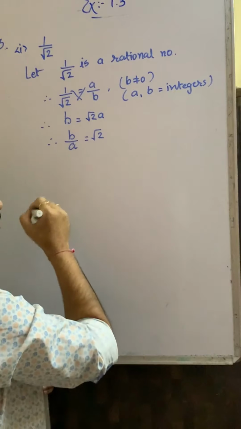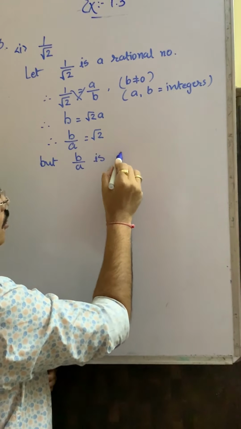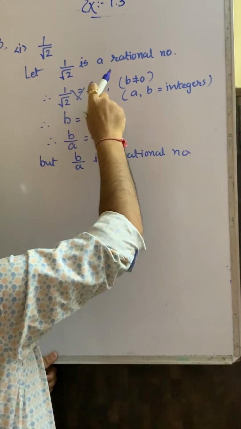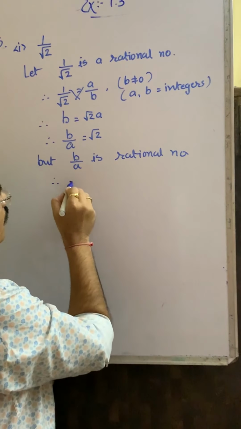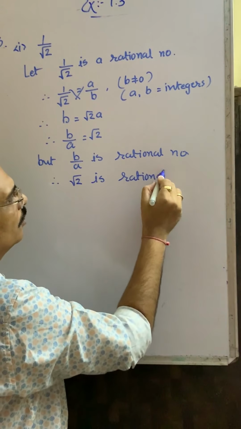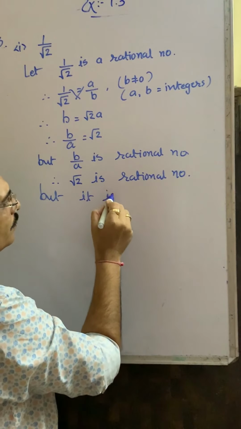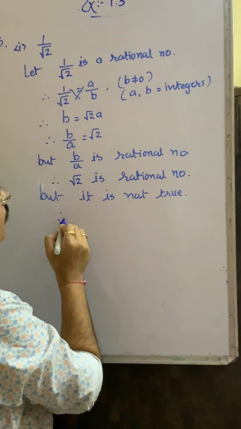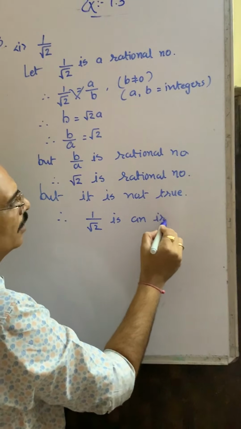Because we took a upon b as rational, b upon a is also a rational number. Therefore root 2 is a rational number, but you know the theorem, root 2 is an irrational number, so it is not true. Therefore 1 upon root 2 is an irrational number.